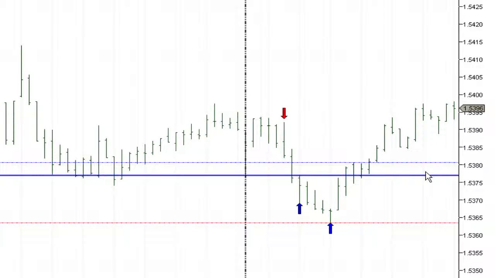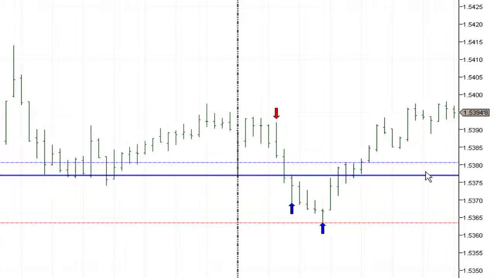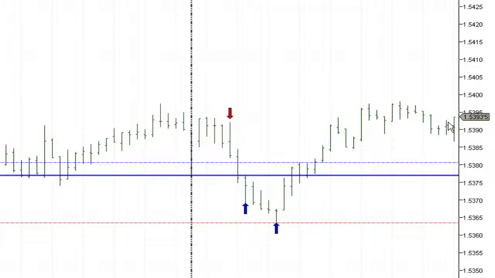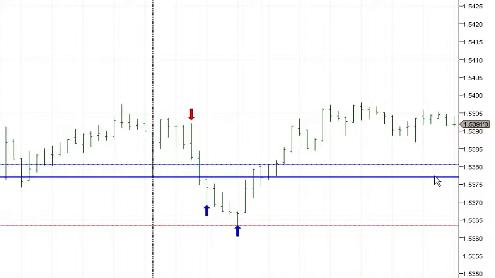My first target level would have been 153.85 plus 15, so that was 154.00. Price kept moving sideways. I was sat cross-legged and cross-fingered that it would come down and give me some sort of entry on it. Turned out it wasn't to be.